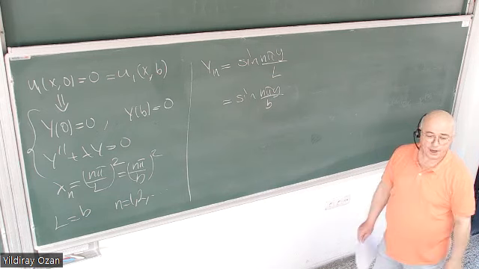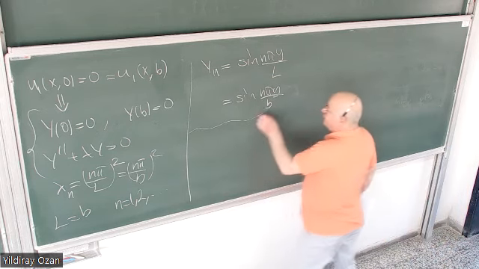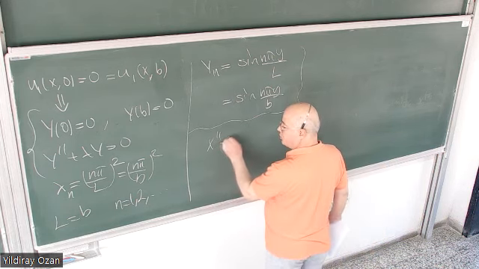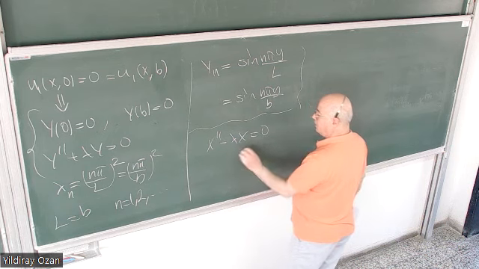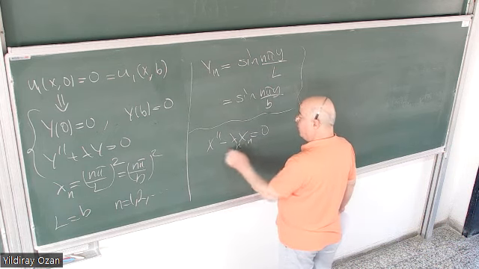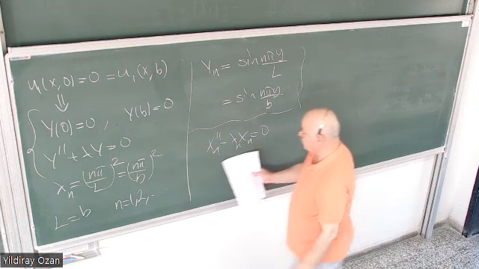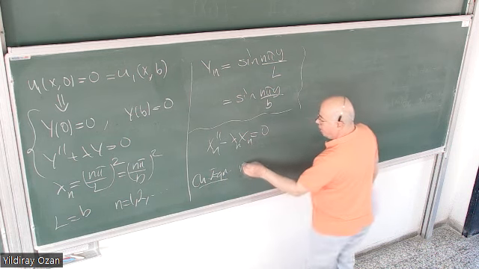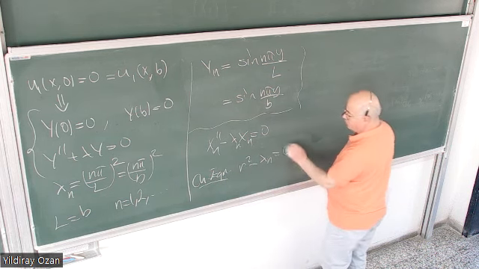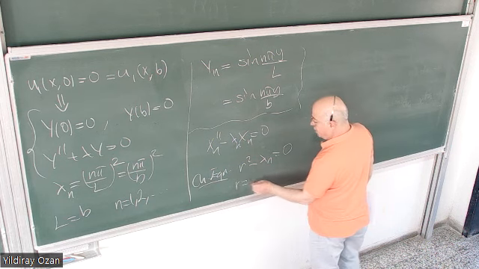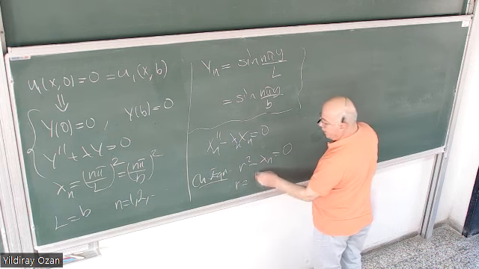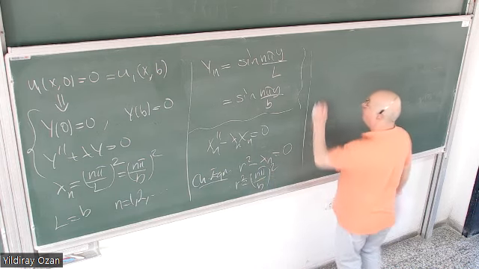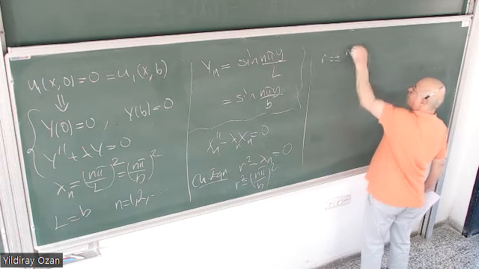And what about X_n? Well, for X_n, we have this equation, and lambda is just this number, so we plug it in. The characteristic equation is r squared minus lambda_n equals 0. So r squared is (n pi over b) squared. Therefore, r is just plus minus n pi over b.